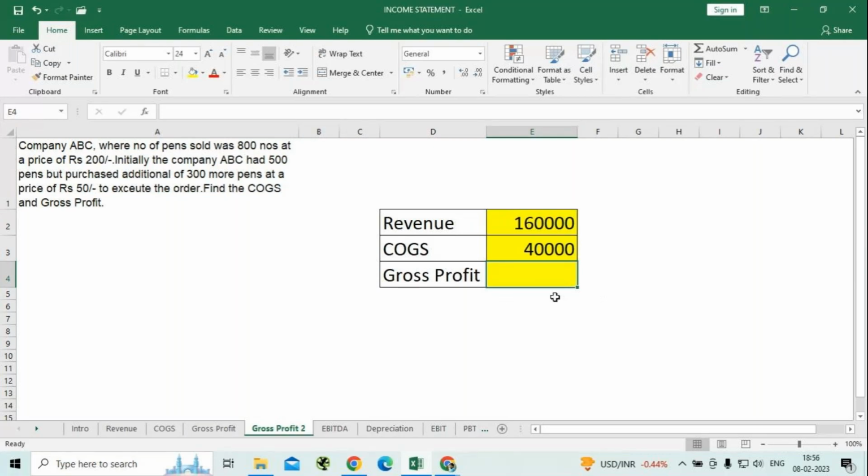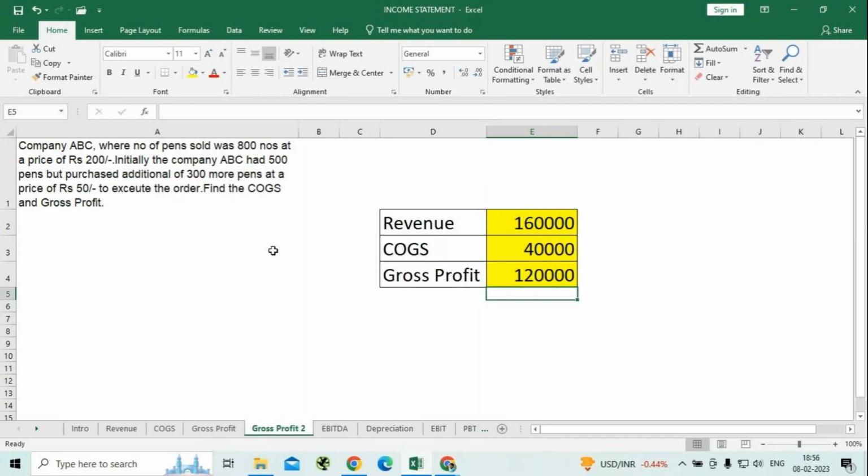So finally, what is the gross profit? The gross profit will be the revenue minus the COGS value, 1,20,000. So hope you people have understood this.